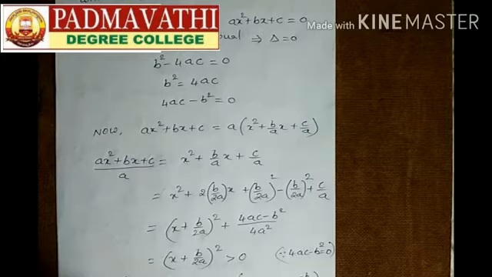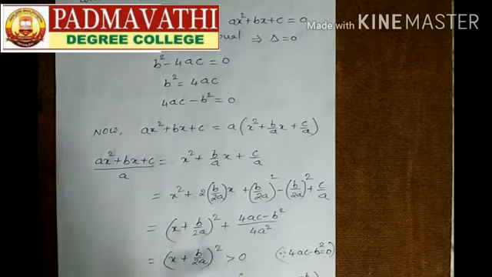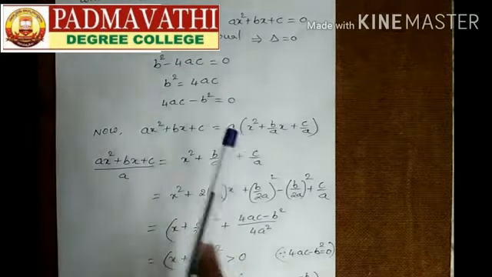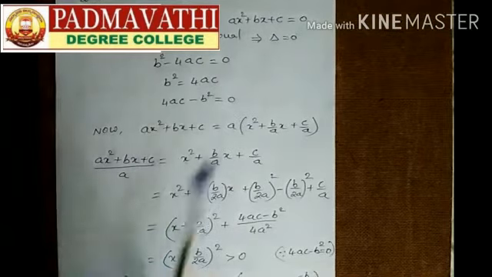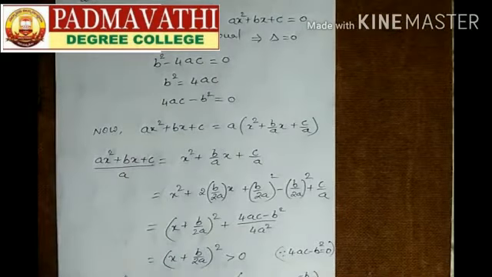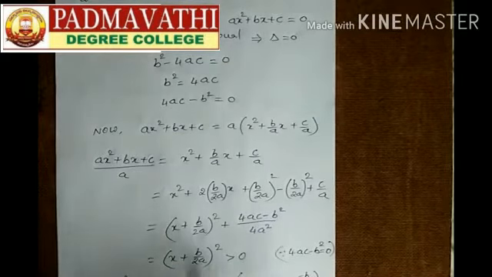Now in these two terms we can observe that the first term is a perfect square, so it is positive. The second term is 4ac minus b square by 4a square. The denominator is positive, and coming to the numerator, 4ac minus b square value is 0. Why? Because roots are real and equal, so this discriminant value is equal to 0. So this entire term will become 0.